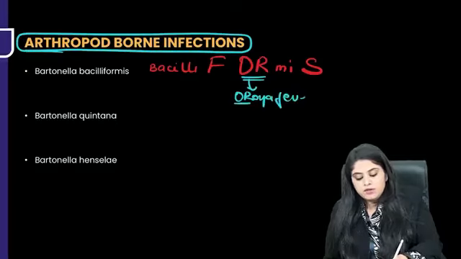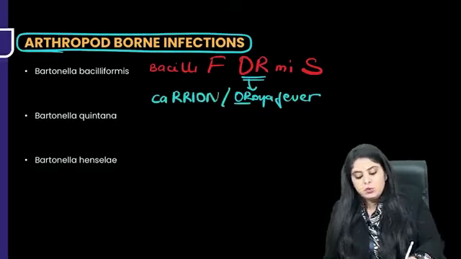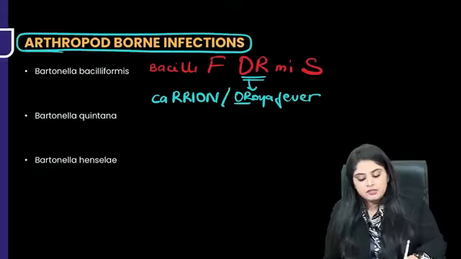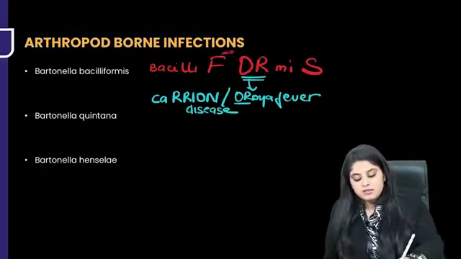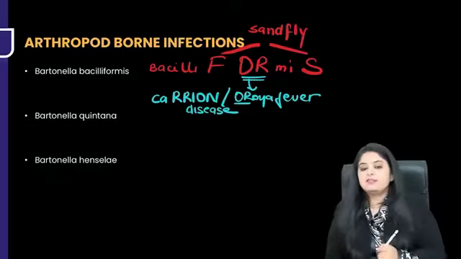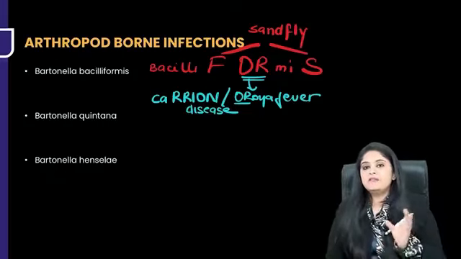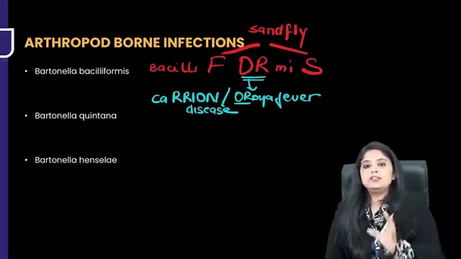It causes Oroya fever, and that is also known as Carrion's disease. So OR, you remember Carrion's disease or Oroya fever. And what is SF going to remind you? SF will tell you sand fly. The vector arthropod that you have over here is sand fly. Easy. Bacilliformis, Oroya, Carrion's disease, and sand fly.